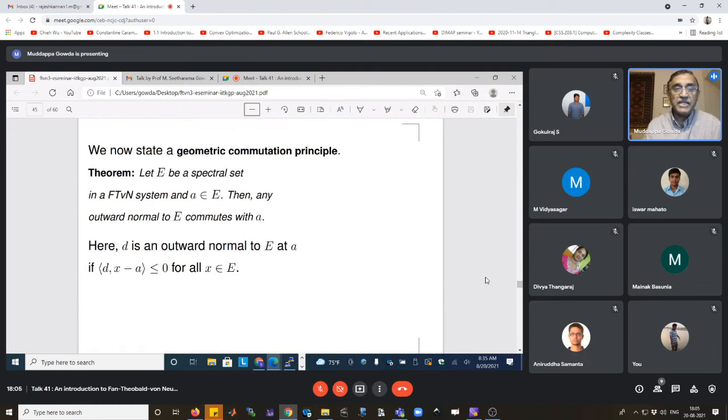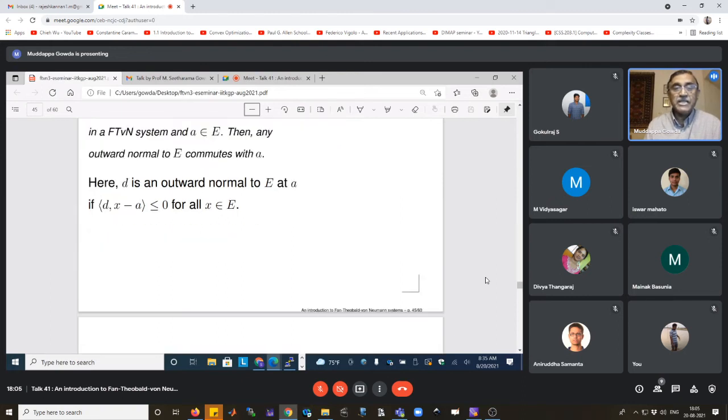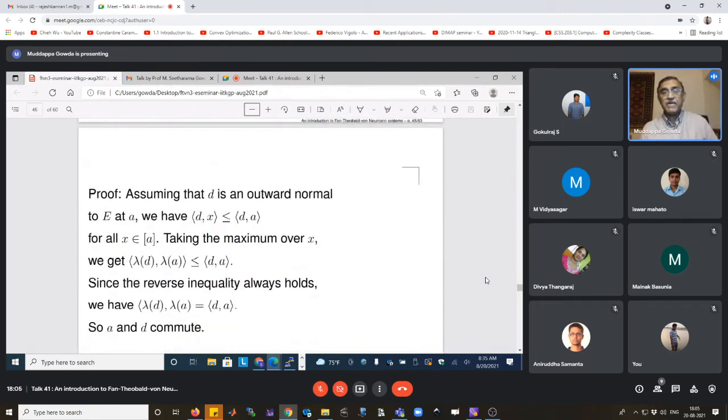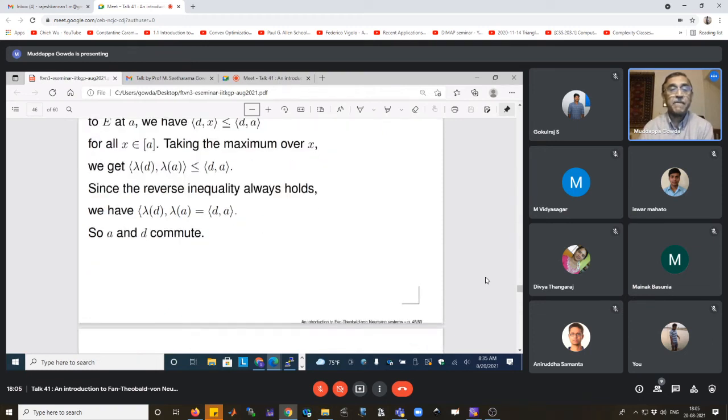It is a vector D such that D dot (x minus A) is less than or equal to 0 for all x in E. There is a very simple proof, nothing complicated at all. It is just like 5 lines. I'm going to skip that. If anybody wants to know the proof, we can always come back to this, and I can explain it.